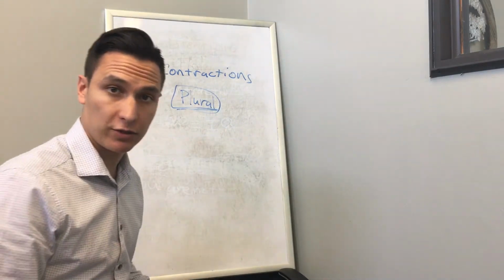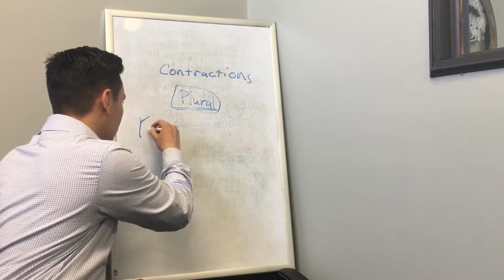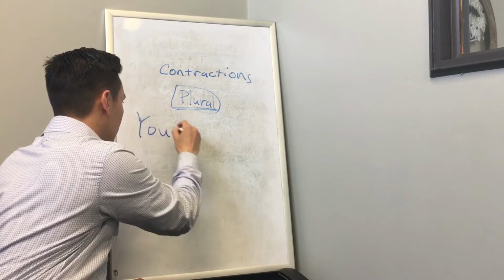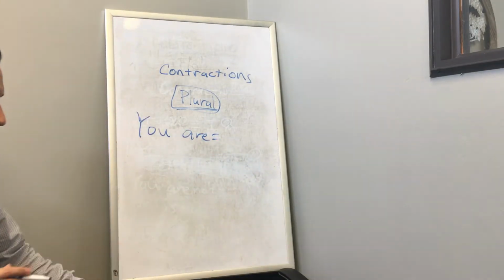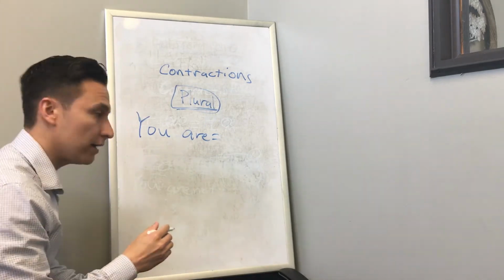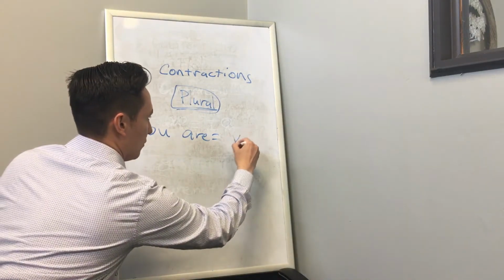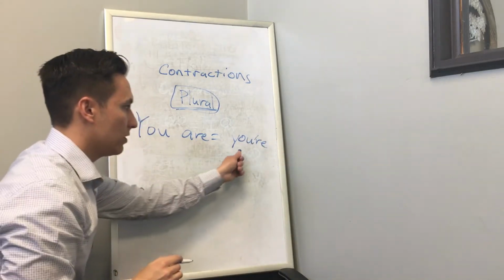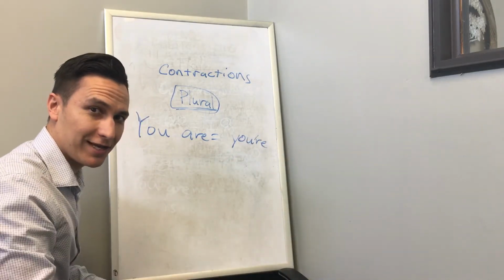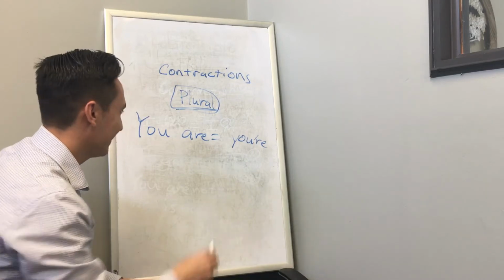So the first one we can do is you are. And the way that we can do that, right, is we can go you're. That's how you say it, you're. Kind of weird.